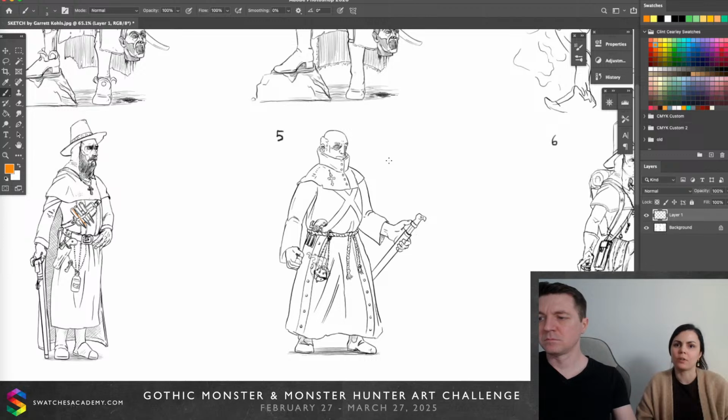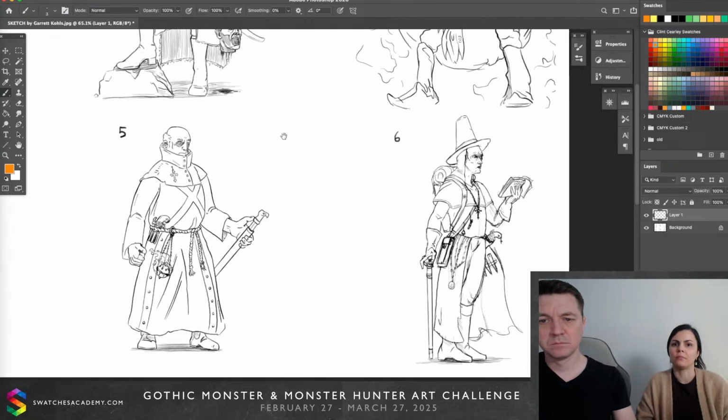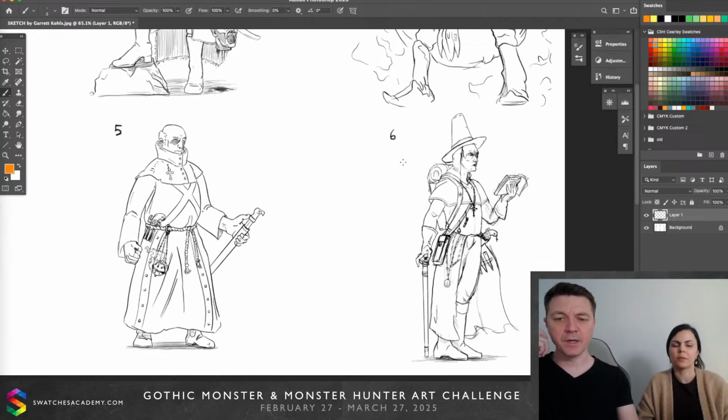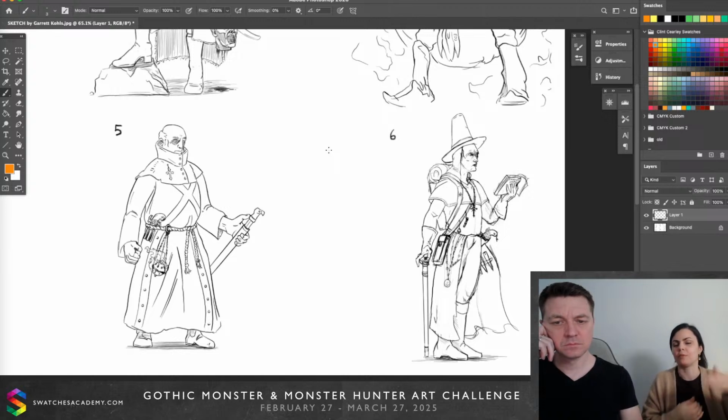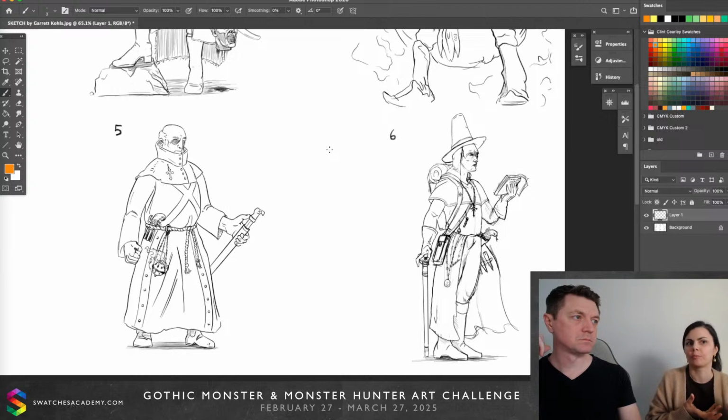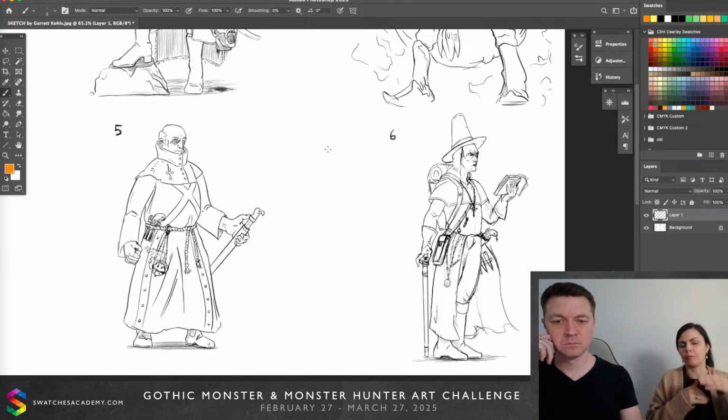So you might want to double check your anatomy reference, just to see that it's okay to make the legs a little bit longer than normal. It's better than making them shorter, because if we make them shorter than average, we get into almost dwarf proportions. But if we make them a little bit longer than average, it still reads okay. Yeah.